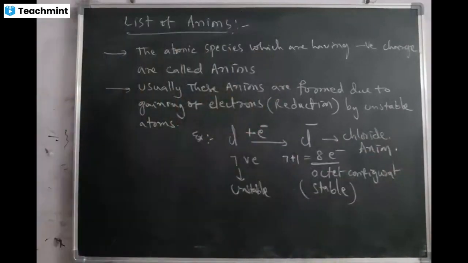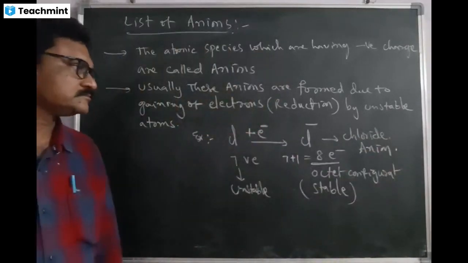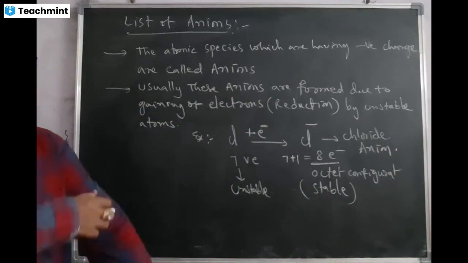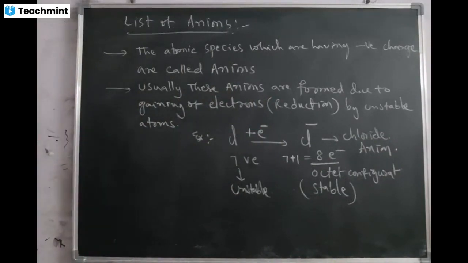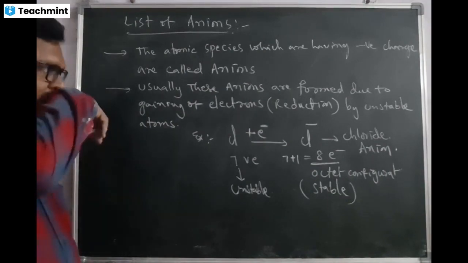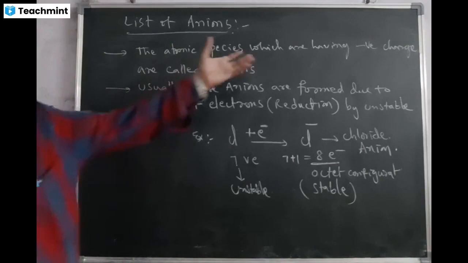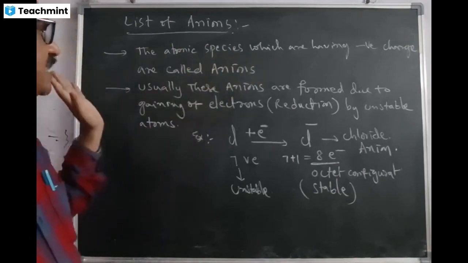Chloride ion. So species which are having negative charge simply called anions.